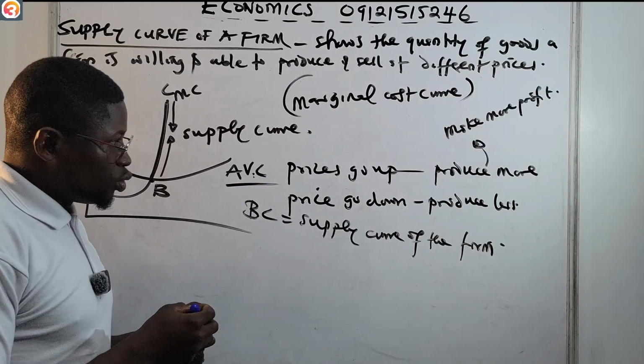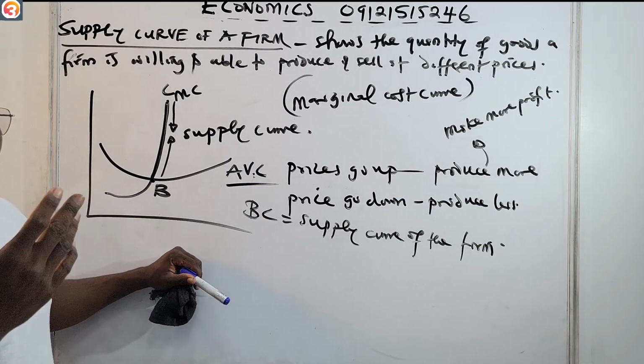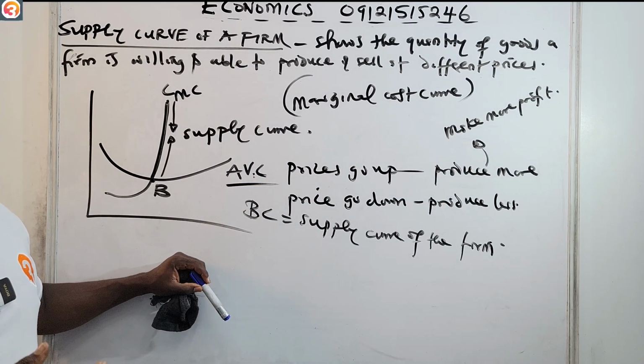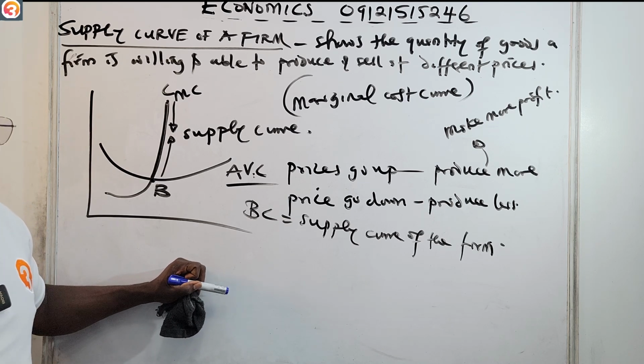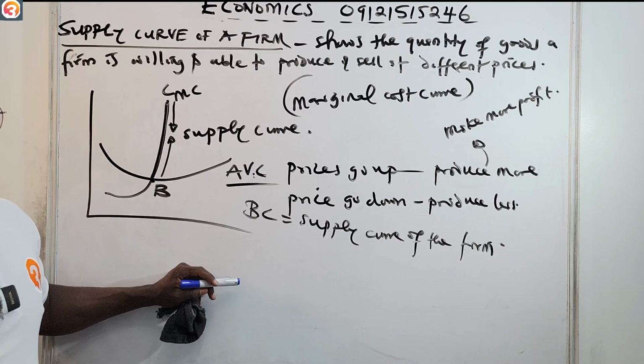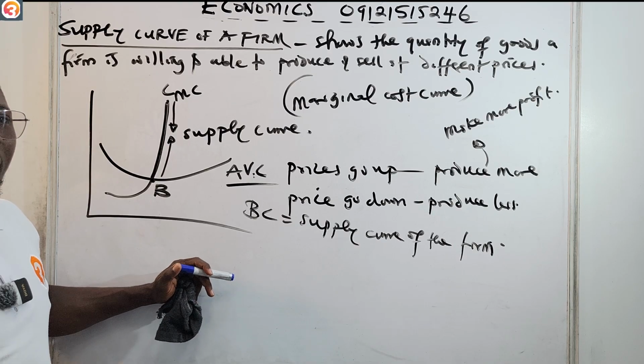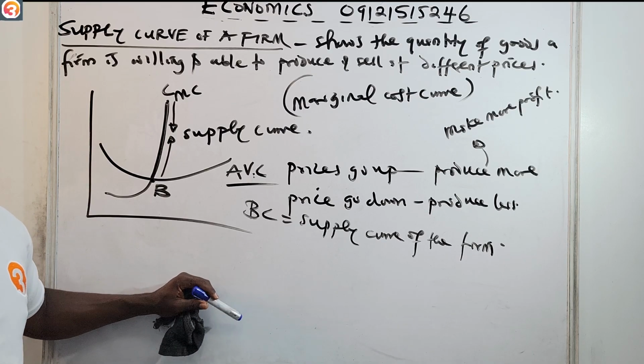The firm will want to produce more when prices are higher, so that it makes more profits, and produce less when the price is lower, so that it does not fall into debt.